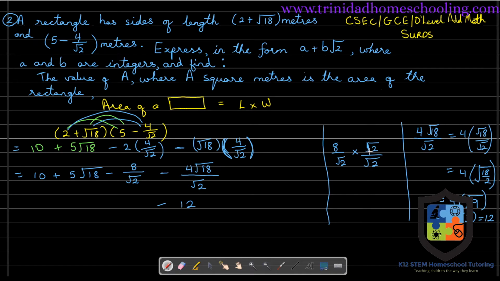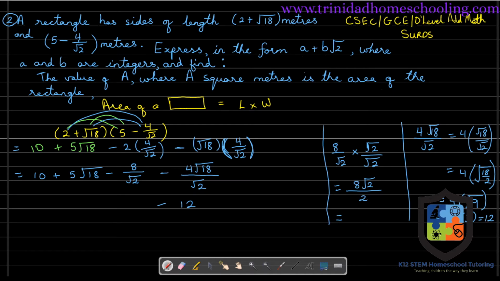Now the root of 2 divided by the root of 2 is simply 1. So this is not going to change the value of this 8 divided by the root of 2. All it will do is remove the square root from the bottom. Our numerator will become 8 root 2, and the root of 2 multiplied by the root of 2 is simply 2.